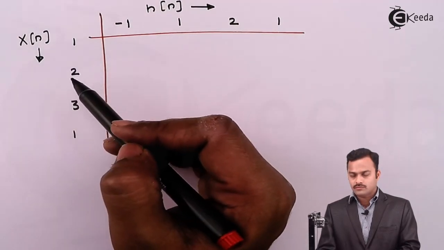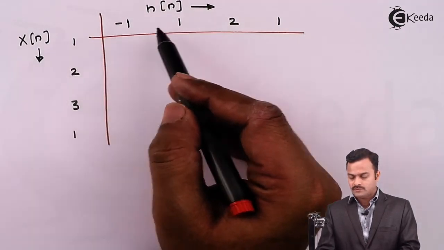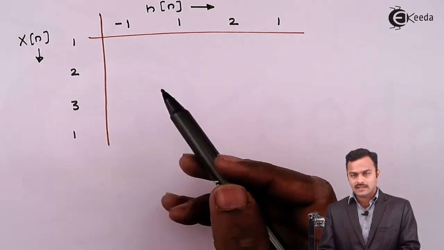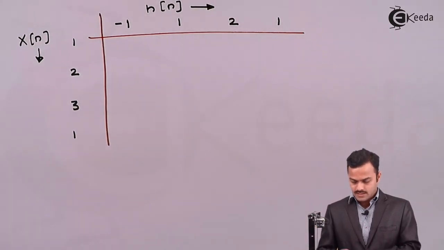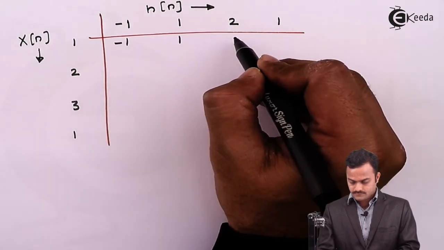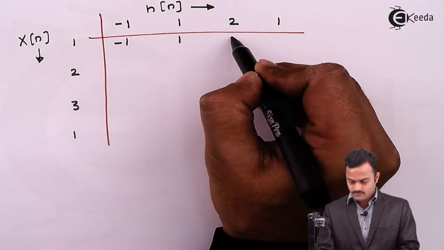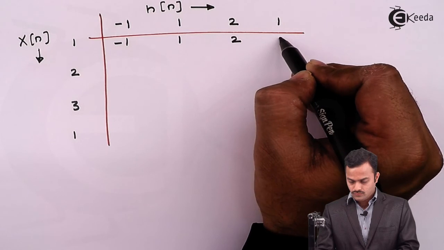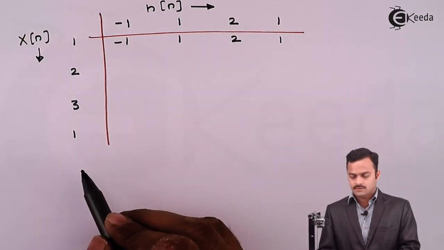Now we need to find the values after multiplying 1 with this, 2 with this, 3 with this, likewise. So we will get the answers over here: -1, 1, 2, 1.